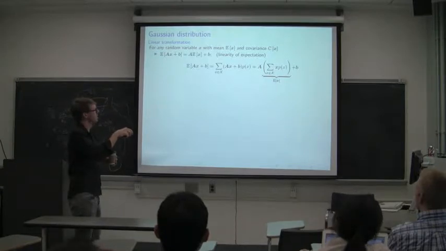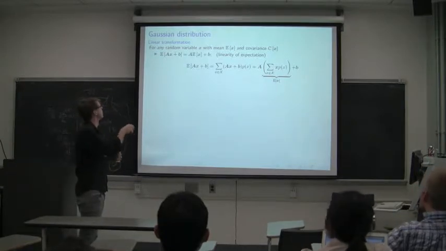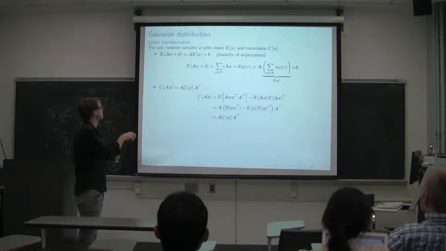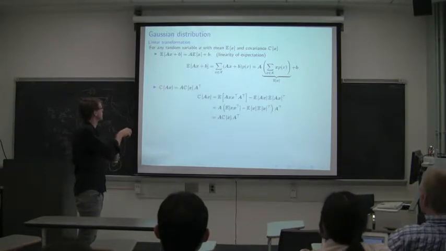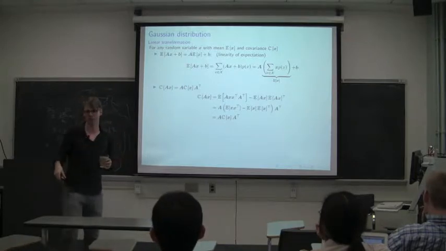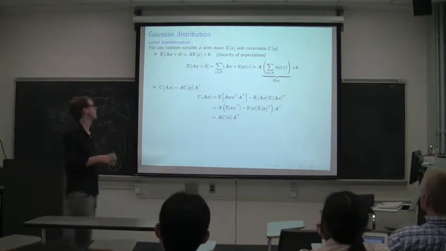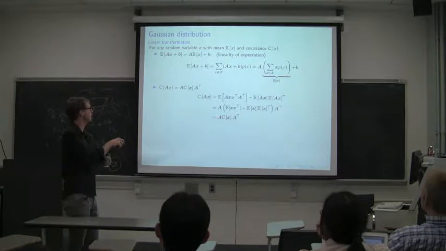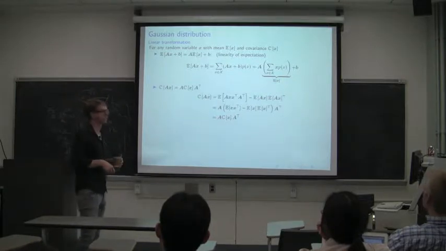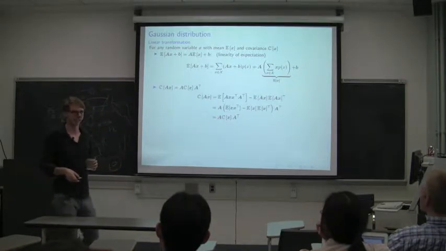And the covariance matrix of that is also a transformed version of the covariance matrix of x, where now A appears twice, so it's quadratic in A.